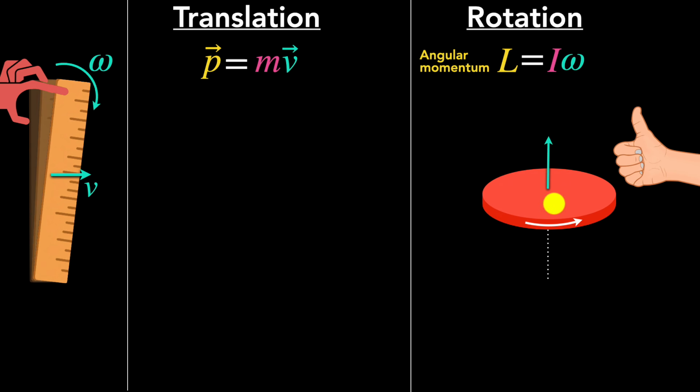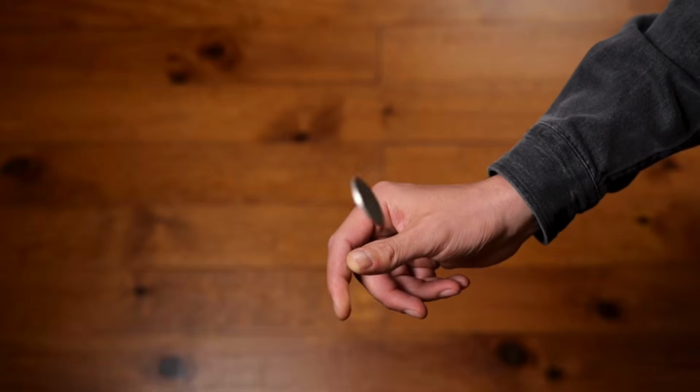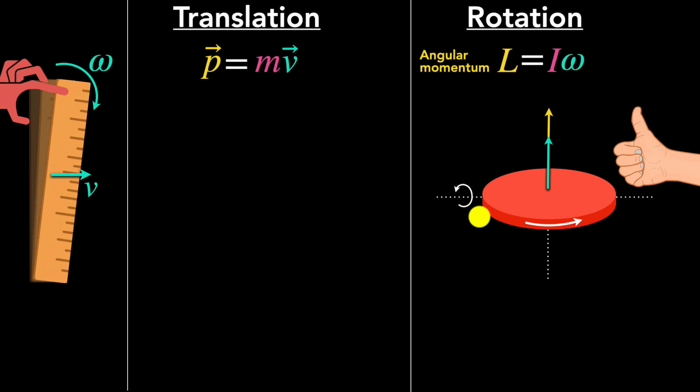So over here in this specific example, the angular momentum will also be in the same direction as angular velocity. Here's another principal axis. If we were to spin the disk along this particular axis, kind of like when we flip a coin, then it turns out this is also a principal axis of rotation, meaning along this axis, again, angular momentum and angular velocity will be in the same direction.